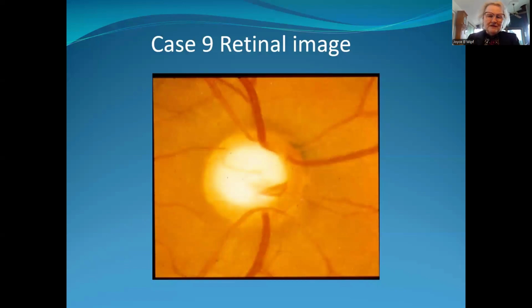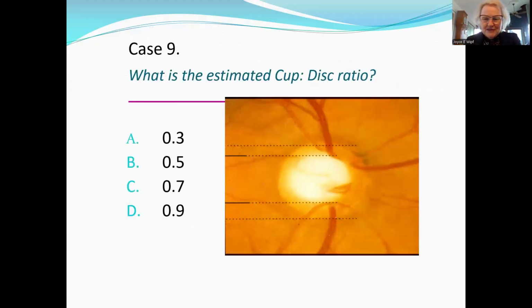So this is the retinal image of this patient. So think about what we've seen before. And I'm going to ask you this question. What is the estimated cup disc ratio? And so what the dotted lines are giving us is first the physiologic cup and then the disc.